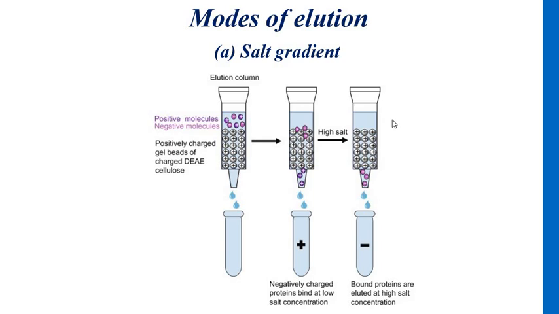The salt gradient from 0 to 1 molar can be used stepwise in order to elute the contaminating proteins and the target proteins. Now, the negatively charged part of the salt will compete with the negatively charged proteins in order to bind with the positively charged stationary phase, and hence a high concentration of the salt will be used to break the interaction of the target proteins with the positively charged stationary phase, and the negatively charged proteins will be eluted.